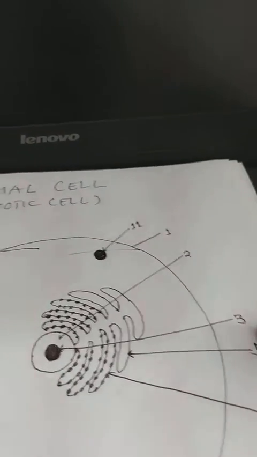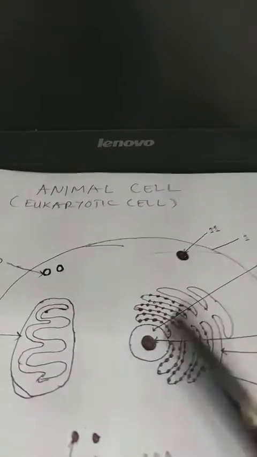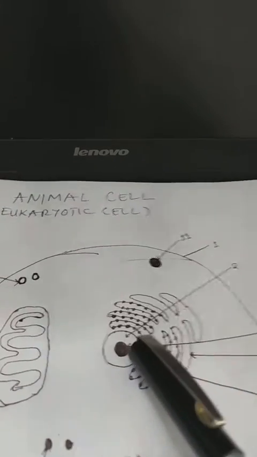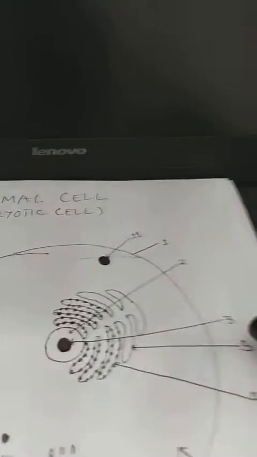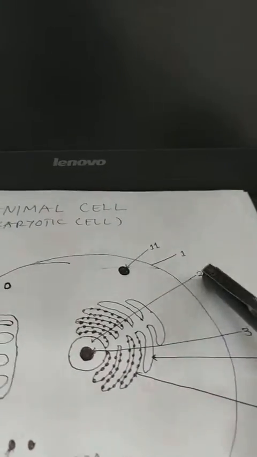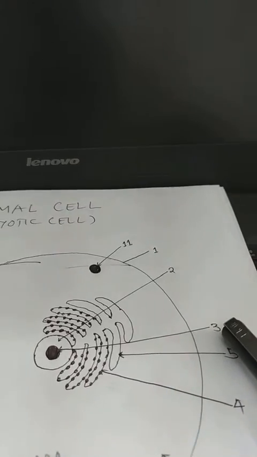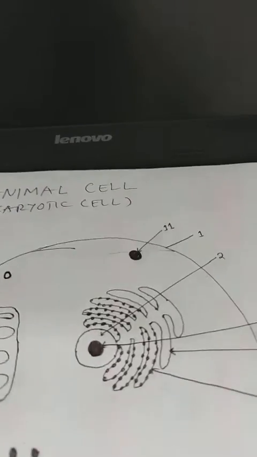The main function of the nucleolus is to synthesize incomplete ribosomes. The nucleolus is present at the center of the nucleus.